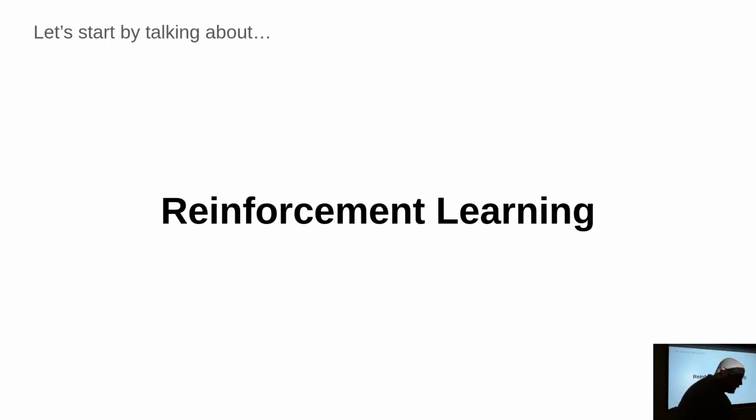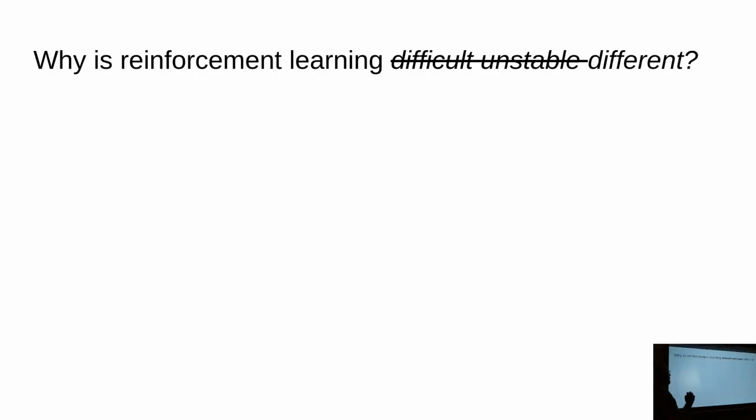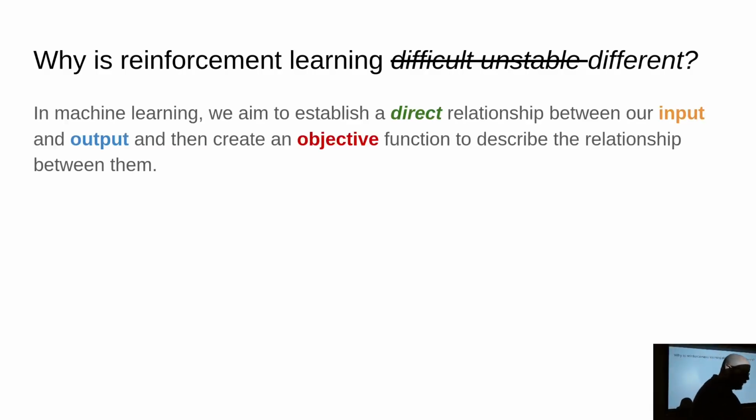And why is that the case? Well, the problem is that reinforcement learning is a bit of a pain in the butt. I use it a lot, but only when I have to. It's difficult to use, it's unstable, and it's different from your typical machine learning, where you'd use a convolutional neural network to do the good old cats and dogs project, right? Why is that the case? Well, when you are working in machine learning, you basically have a direct mathematical relationship between what you wanted the model to do and what it actually did based on the input.